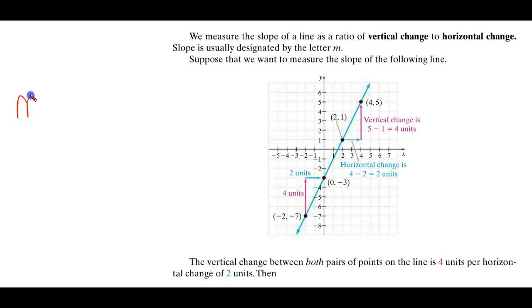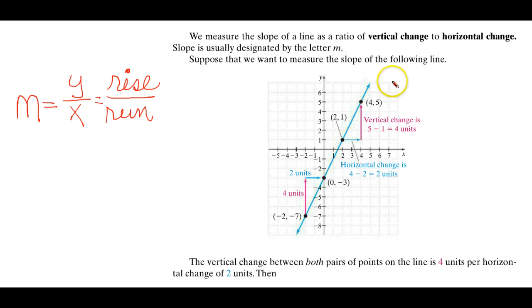The letter we use for slope is m, and this is a ratio of y units in our graph over x units. This is sometimes referred to as rise over run. So this is vertical and this is horizontal.